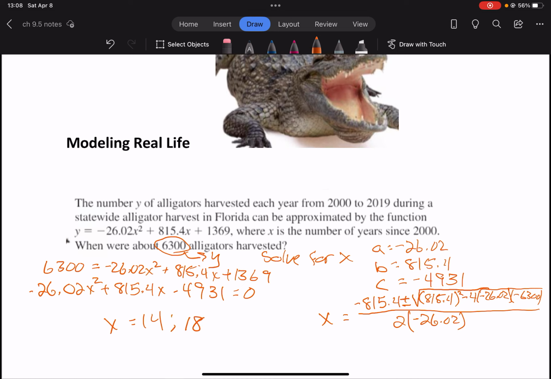So X is the years after 2000. So 14 years after 2000 is 2014, and 18 years is 2018.